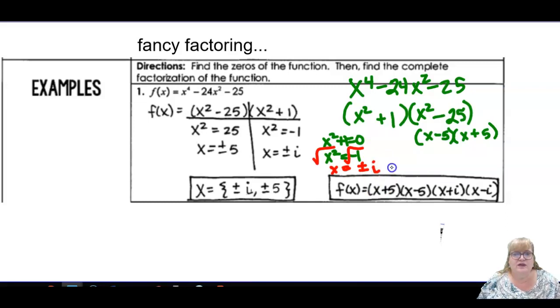So we could also write those as factors. It's always x minus, and then positive i, and x minus negative i, which would turn into plus positive, and then we had an x minus 5 and an x plus 5.